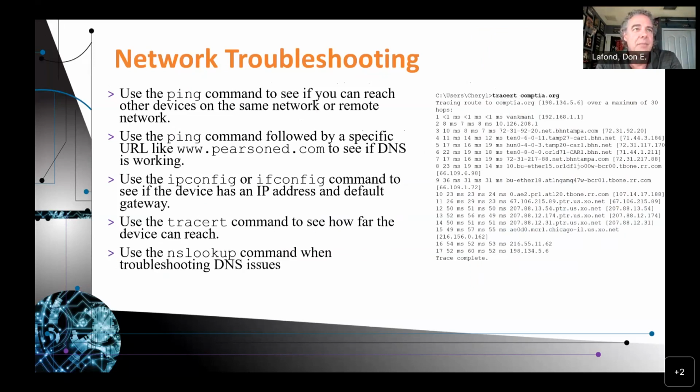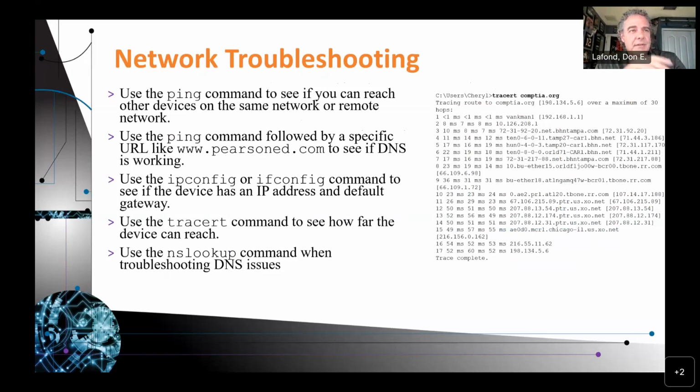Use the ping command followed by a specific URL. You can use ipconfig, or ifconfig if you're on a Mac computer, and ifconfig is also for Linux, but ipconfig is for Windows, to see if the device has an IP address and a default gateway.